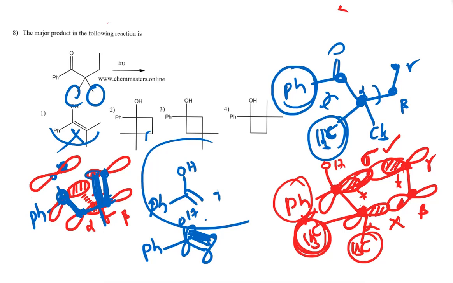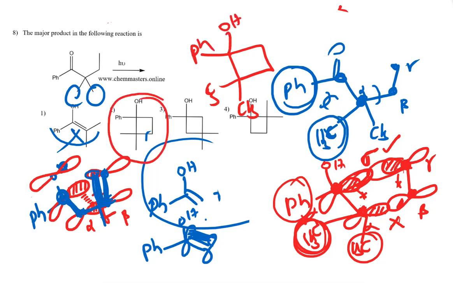So the deviation increases the interaction between the carbonyl carbon and the gamma carbon, and produces a cyclobutane derivative. Here we have CH3, here we have phenyl, here we have OH. So which is the correct answer? The second option is the correct one.